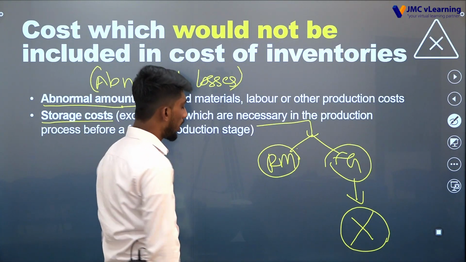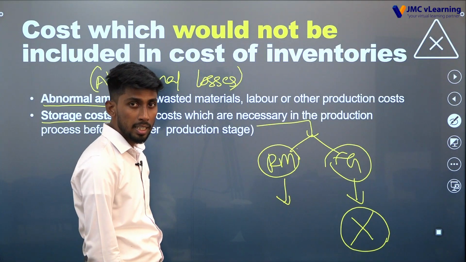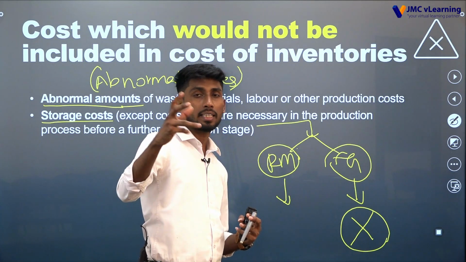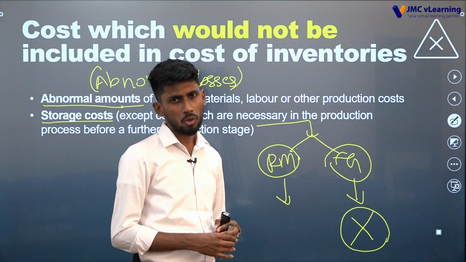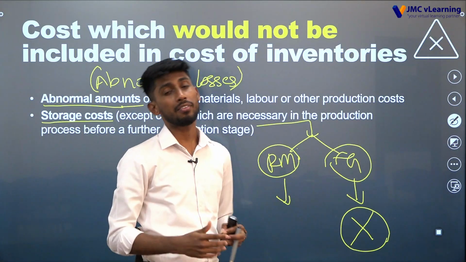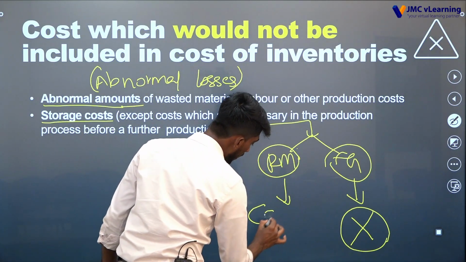But when it comes to raw material, without storing the raw material, we can't make the finished good. Therefore, storing raw material is a must to make a finished good. Hence, this raw material cost can be included.